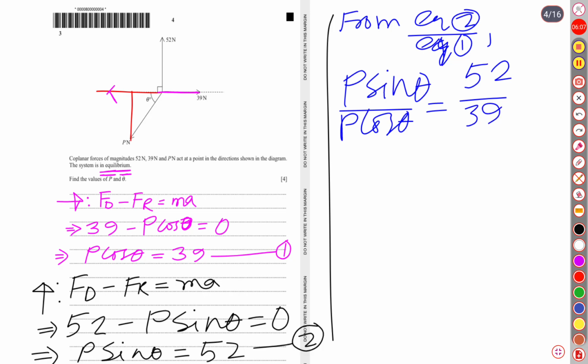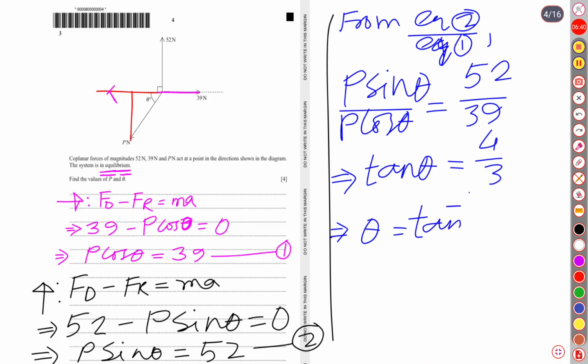Well, each of the P's can cancel each other, so sin theta over cos theta is actually tan theta. Tan theta equal to 52 over 39. If we divide both the numerator and denominator by 13, it is going to be 4 over 3. Hence theta is equal to tan inverse of 4 over 3.